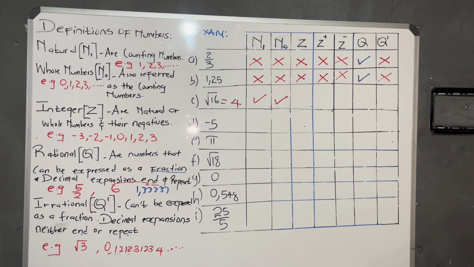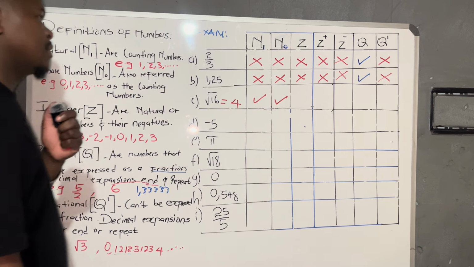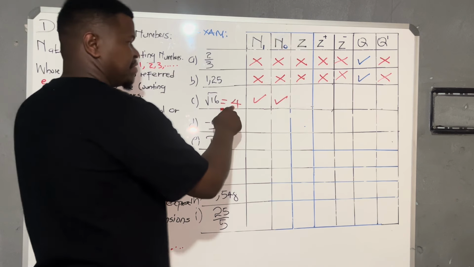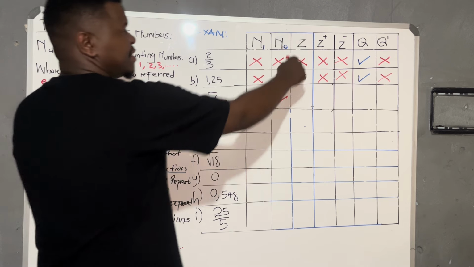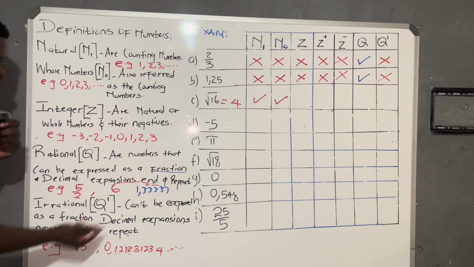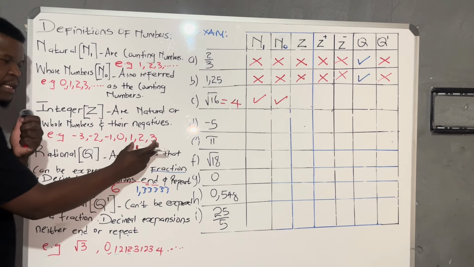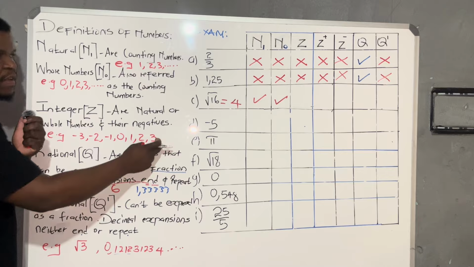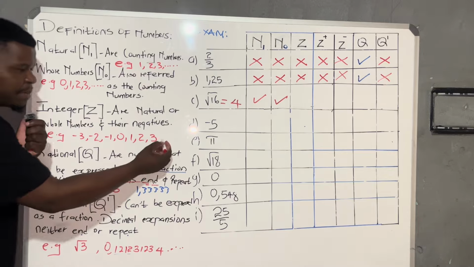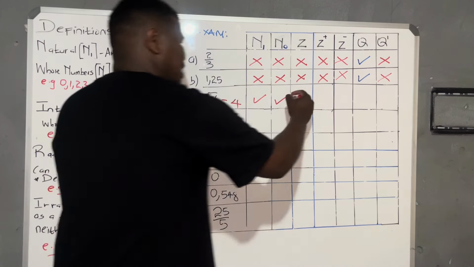Okay? What about Z? What about all these 3? 4 is a positive number. It's still part of the integer. Remember, integers is negative and positive. It doesn't mean that since I used 3 numbers, 1 up to 3, that 4 is not part of it. It can be any number continuously. So even 4, it is integer.